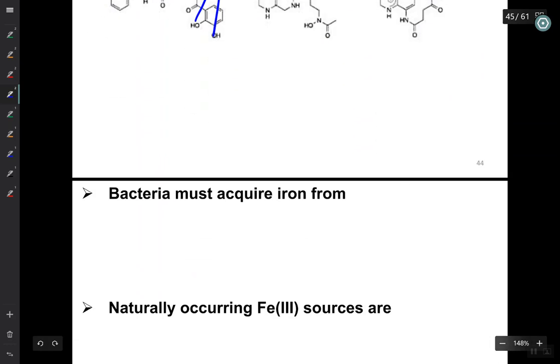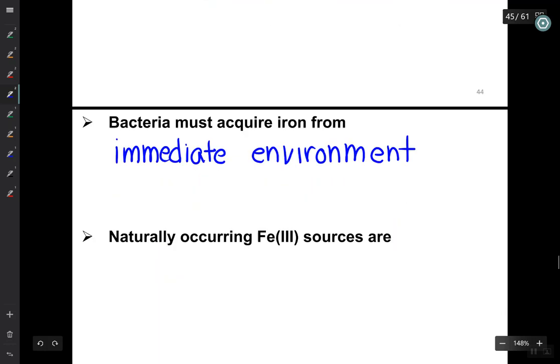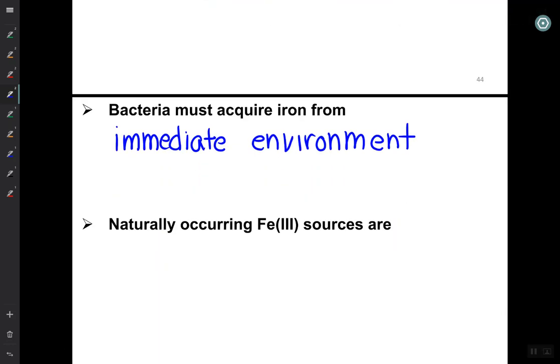So bacteria must acquire iron from the immediate environment. And this is challenging because naturally occurring iron sources are insoluble. Right?